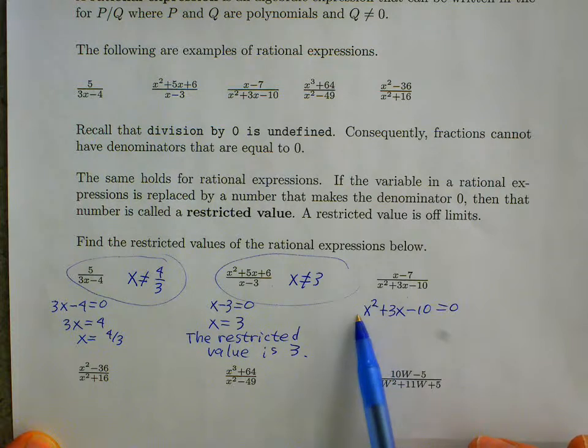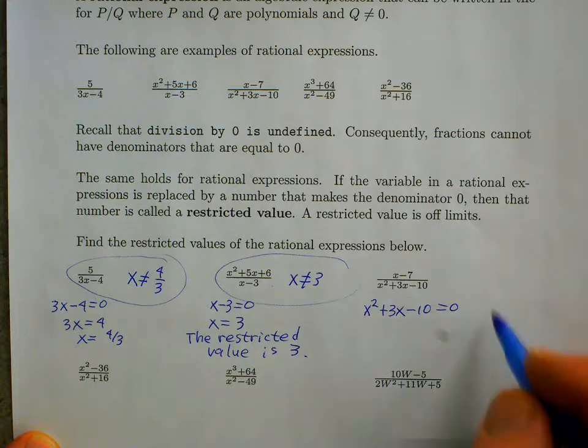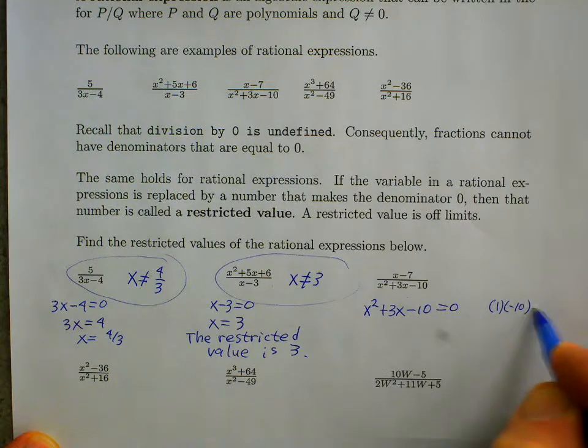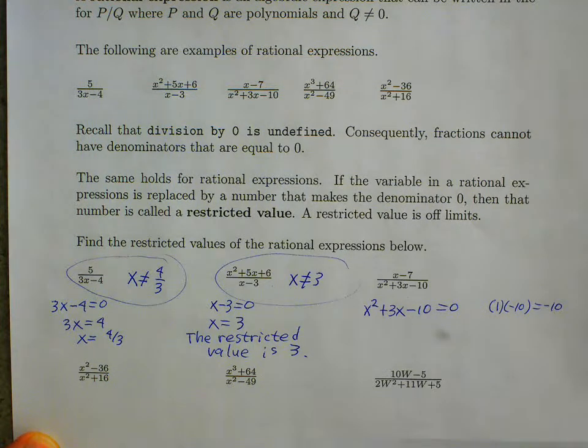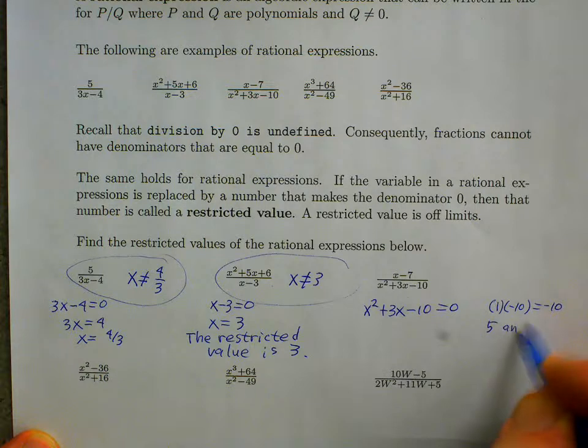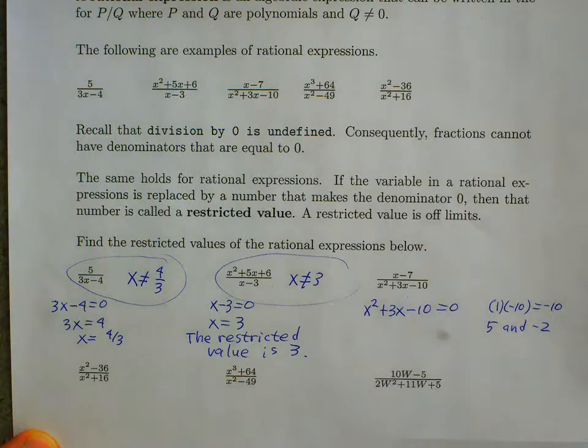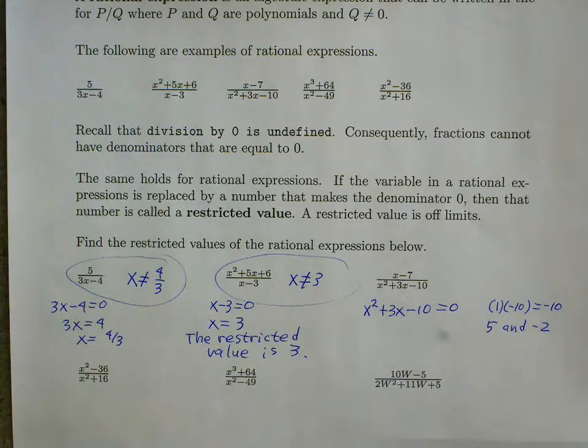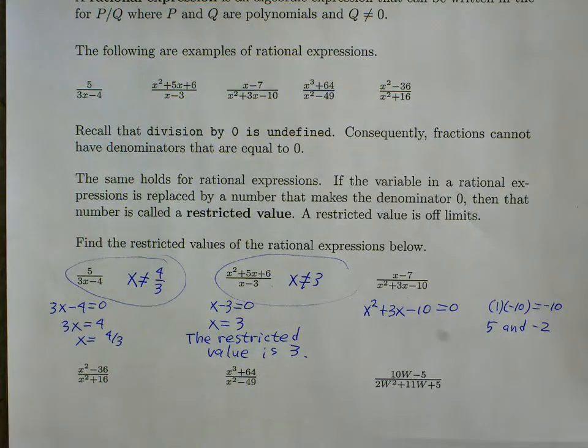So let's see, AC method, 1 times negative 10 is negative 10. Two numbers that have a product of negative 10 and add up to positive 3 are 5 and negative 2. So remember the abbreviated AC method?